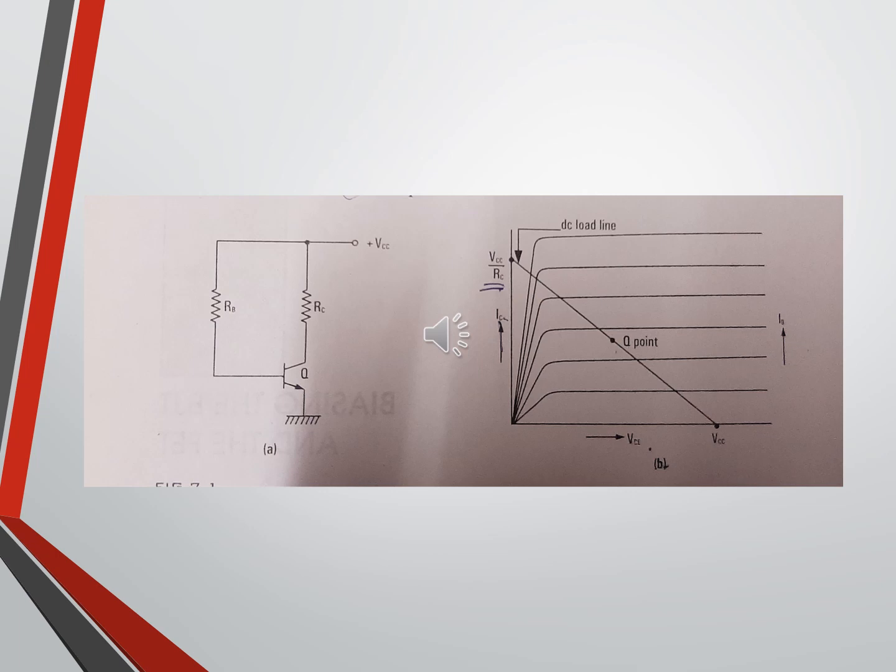One point is VCC and the other point is VCC by RC, and we can join those points and we will be getting the DC load line. These 2 points can be joined together to form a straight line, which is known as the DC load line. So here we can fix the quiescent operating point on the DC load line.